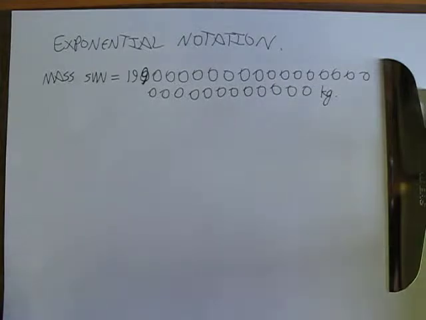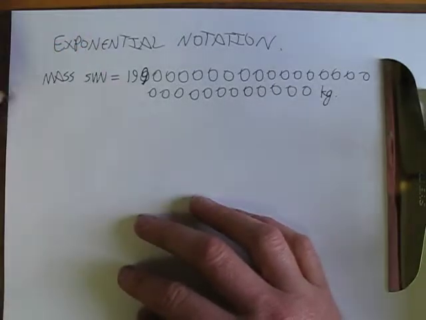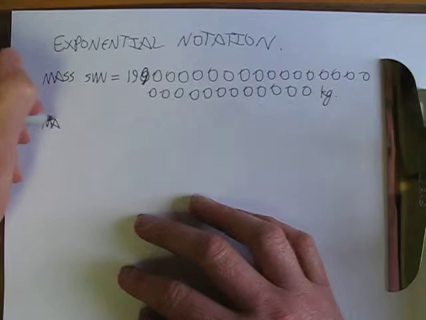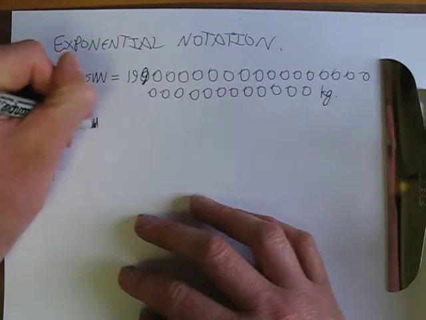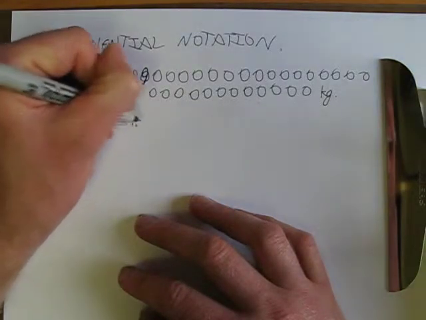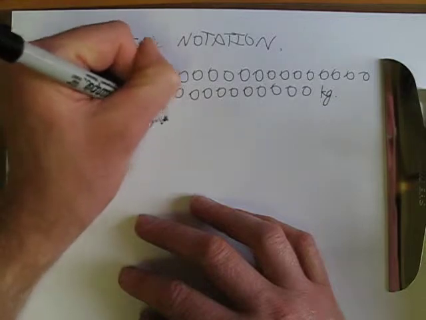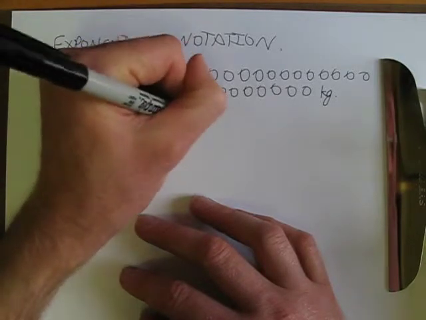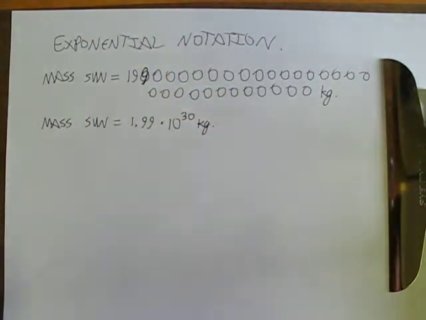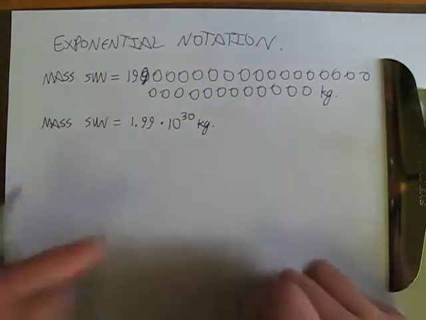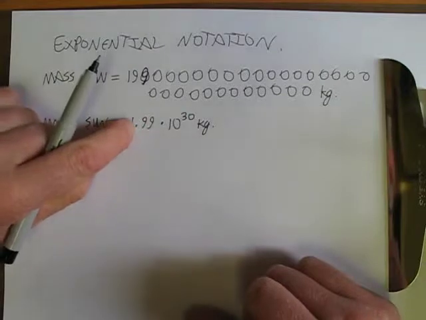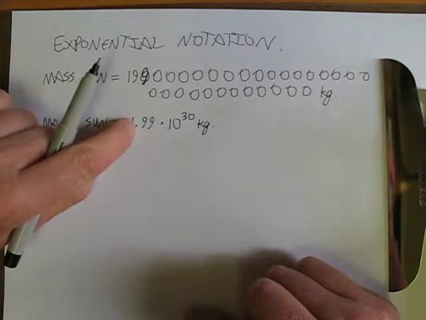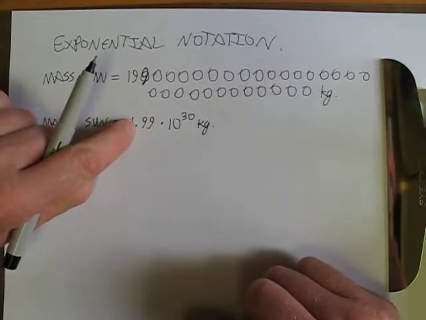So what we're going to do is say that the mass of the sun is 1.99 times 10 to the 30th kilograms. Basically what that means is that there's 30 zeros after this decimal that I don't write.